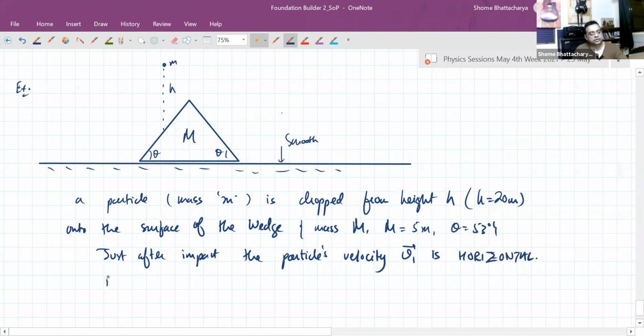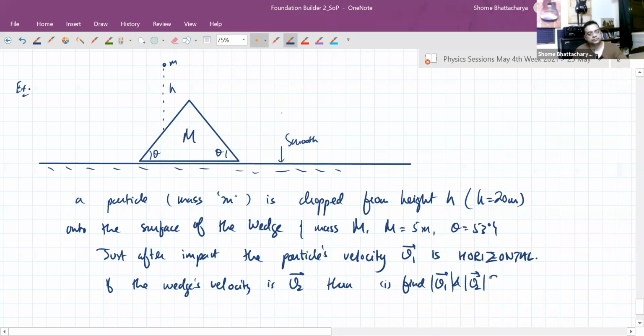So if the wedge's velocity is v2, then find v1 and v2, I mean magnitudes of v1 and v2. And secondly, find the coefficient of restitution for this particular impact. So just try out this question. We'll discuss.